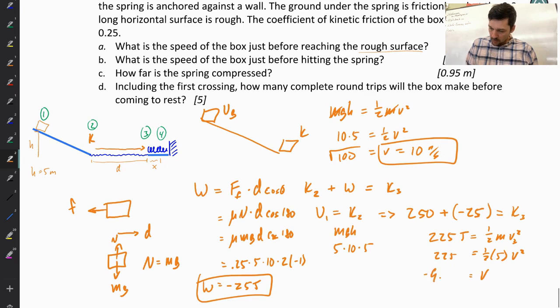About 9.5, not negative, 9.5 meters per second.